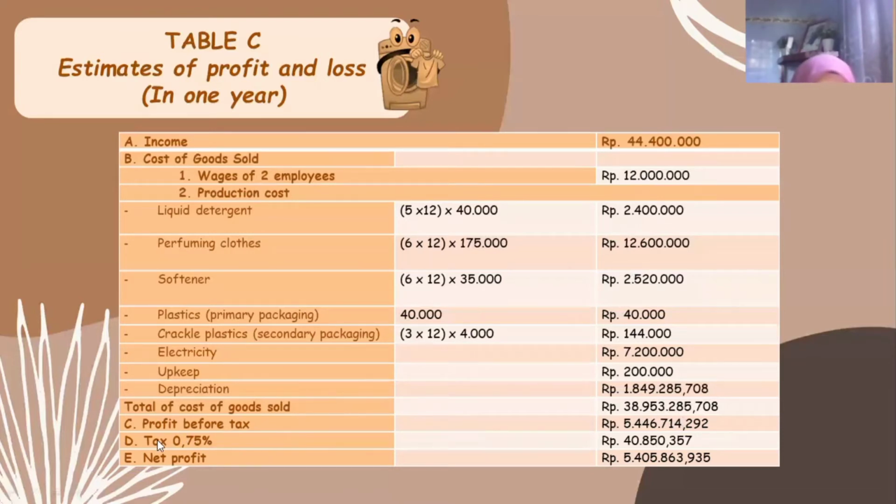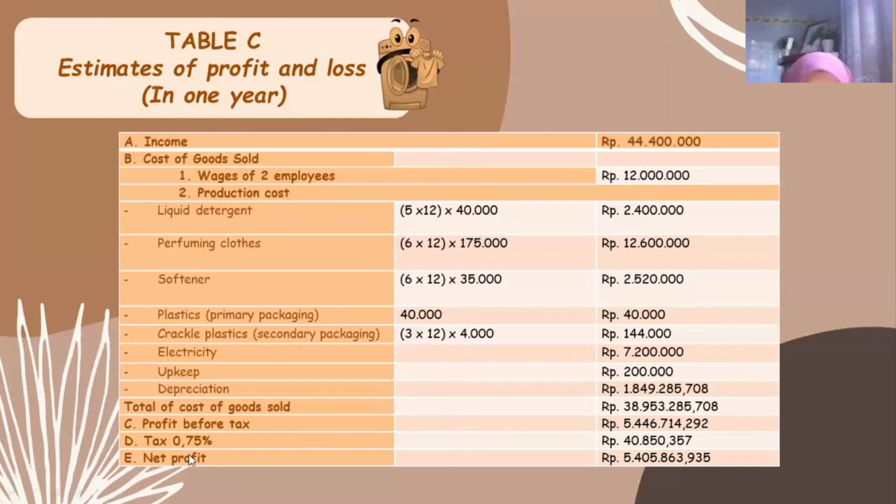And we have the tax 0.75% is 40,850,357, gotten from the profit before tax times 0.75%.